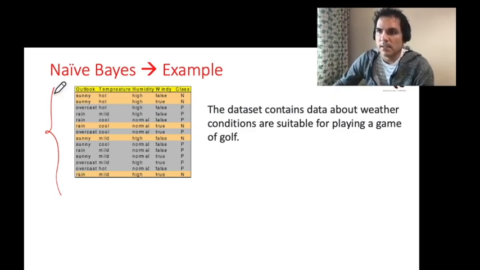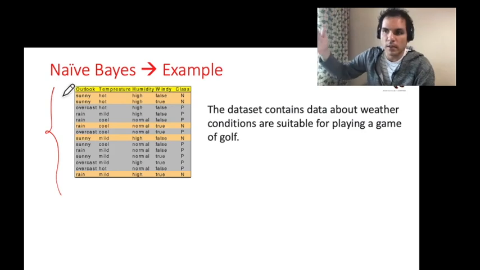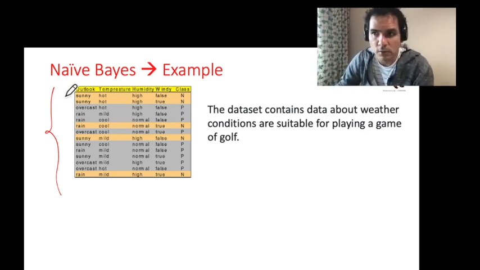The idea of this data set is that we can assume that this is my training data set, okay, and we're going to be collecting data about golf players, and then we decide if on a given day they play or they don't play golf, given the current weather situation, the weather forecast that we have for that particular date.